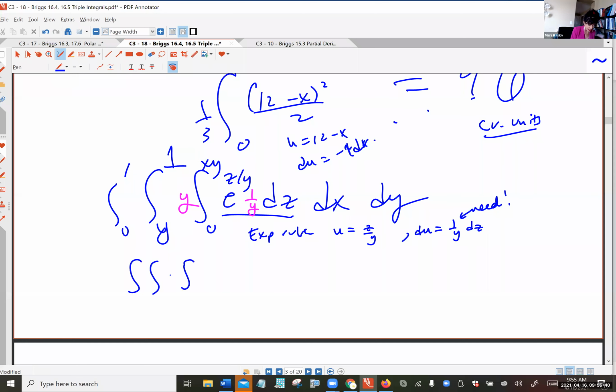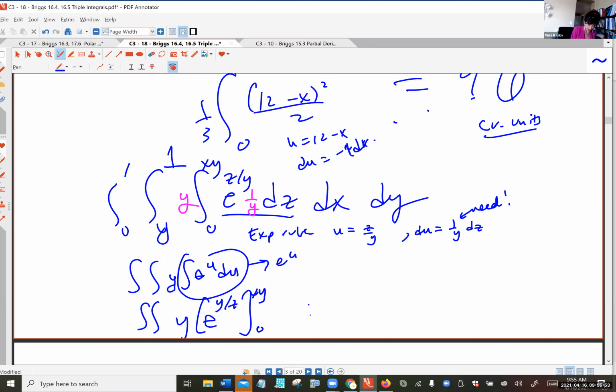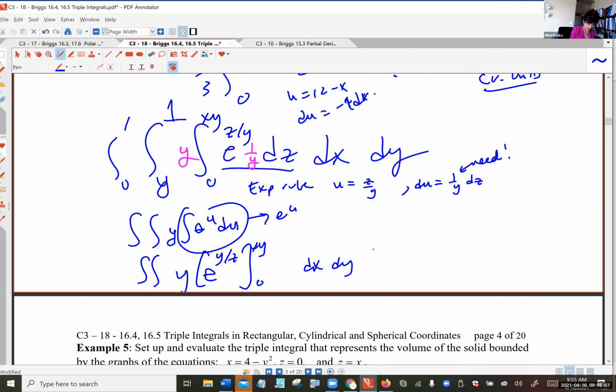Now this innermost integral is looking like e to the u du, which has the antiderivative e to the u. But for us, the u, when you back substitute, is z over y.